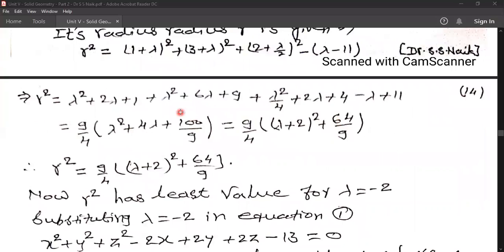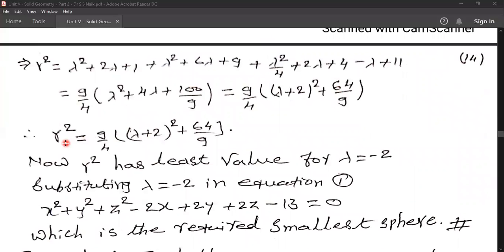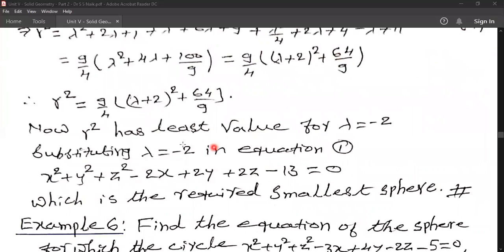When you go on simplifying, square this and simplify, you get r square is equal to 9 by 4 lambda plus 2 bracket squared plus 64 upon 9. Now this r square has a least value for lambda is equal to minus 2.